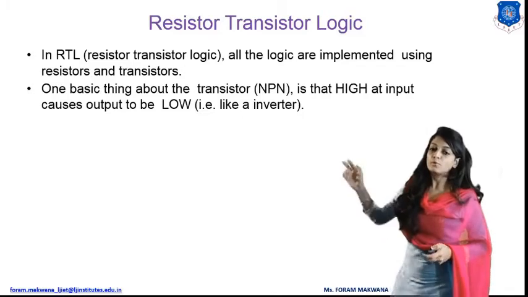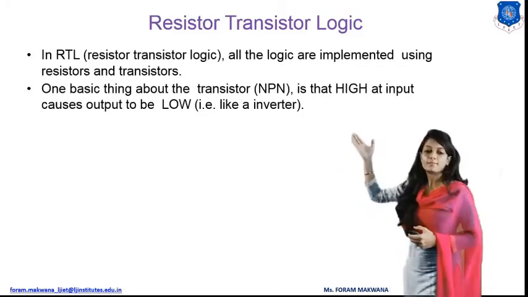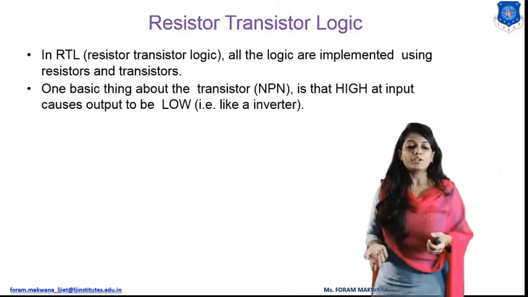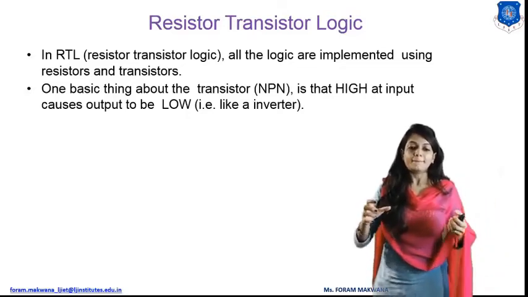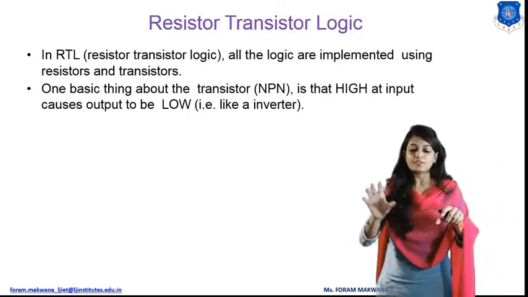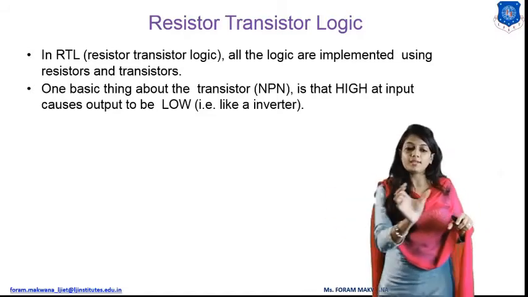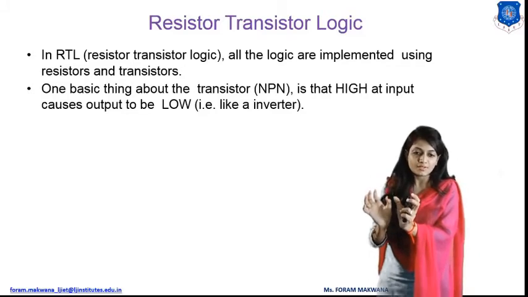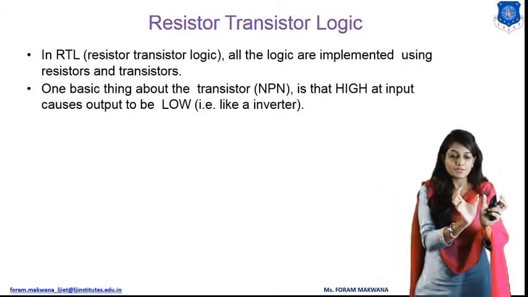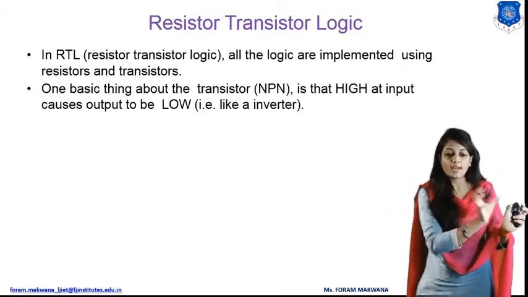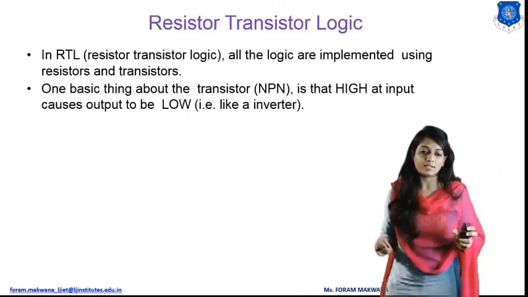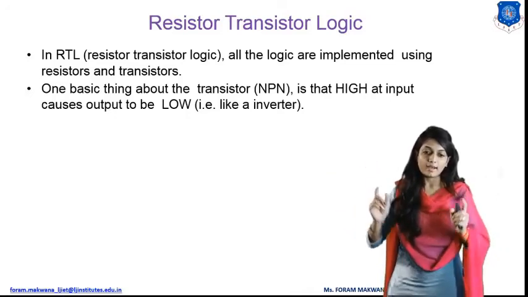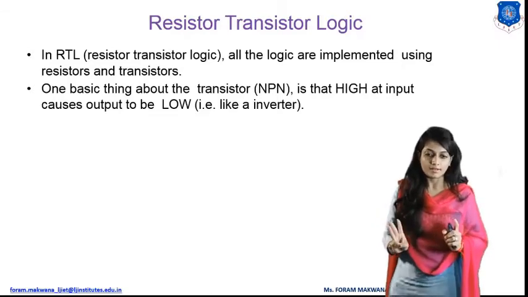When I use the NPN transistor, NPN means we combine PN junction diodes, N and P and then N again. That means between N and P one depletion region is there, and between P and N another depletion region is there. So NPN has three terminals, the base, collector, and emitter terminals.